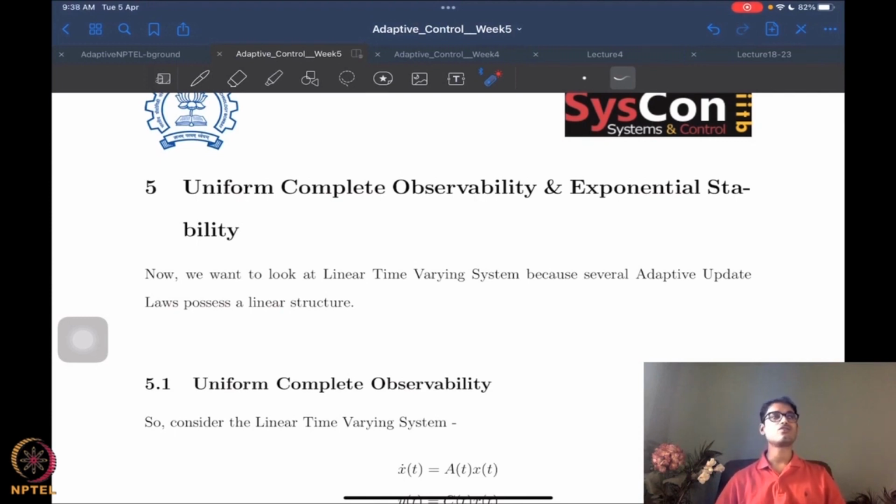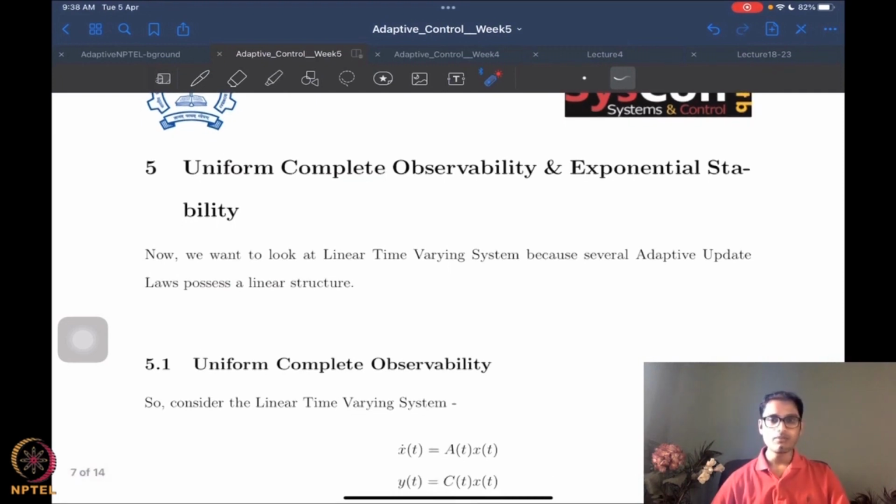The question is how to do it. So we are moving progressively in steps. The first thing we saw was a new exponential stability result. And the next thing that we are going to look at is the notion of uniform complete observability, right?